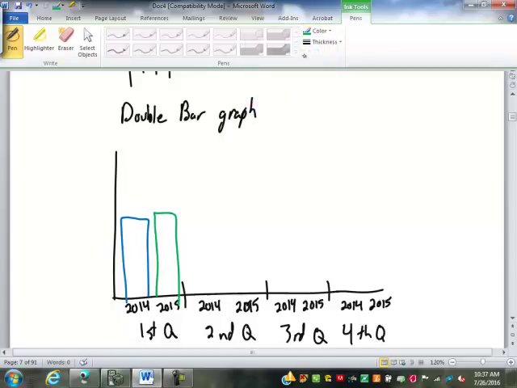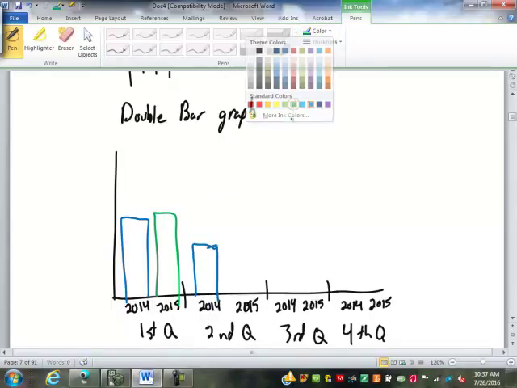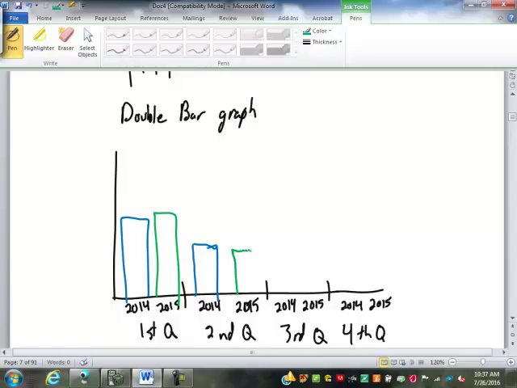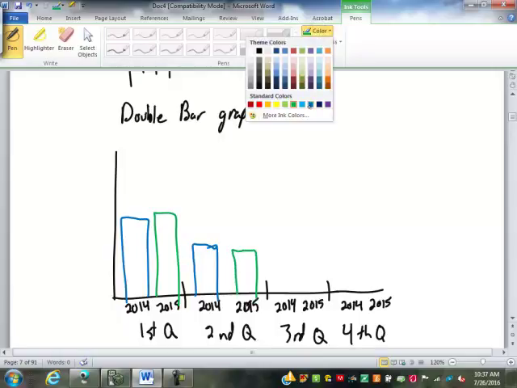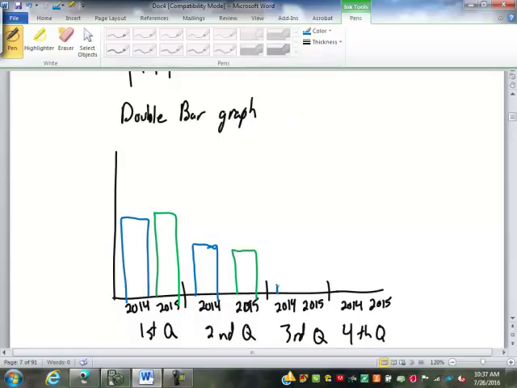Second quarter, 2014 and 2015. Third quarter, 2014 and 2015. And then fourth quarter for 2014.